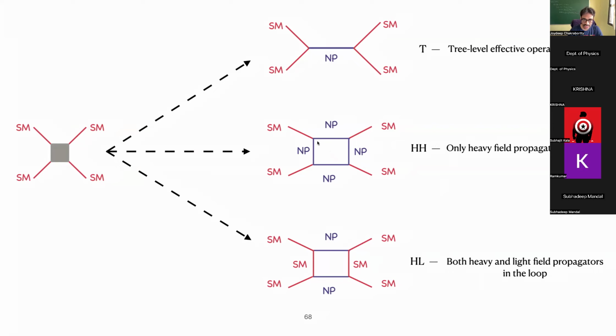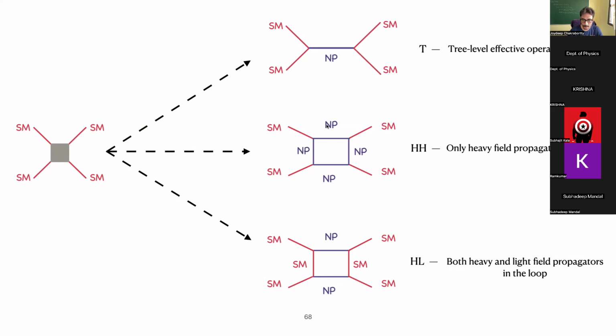If all the propagators are heavy, then the way you squeezed the heavy propagator in the previous method, we can perform the expansion and truncate suitably. You squeeze this one, this one, and this one, because all are massive. Eventually, I can replace all these propagators by their classical solution, and I get the effective operators from this.